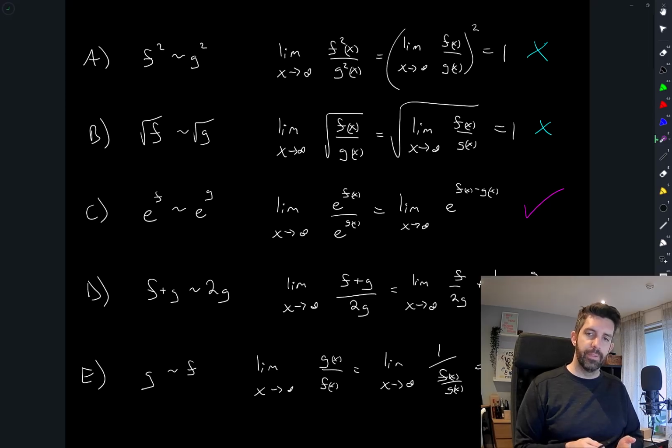Something on the left, like the f, when x is very large, the f can be replaced with g in some sense. But in option C, you just don't have the exact same type of simple relations going on.